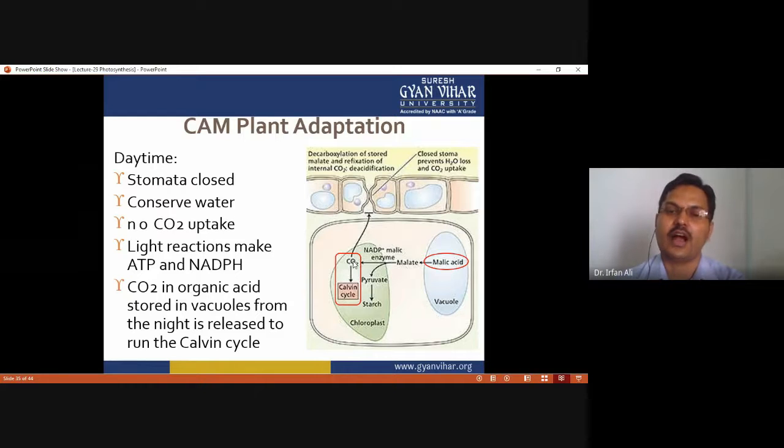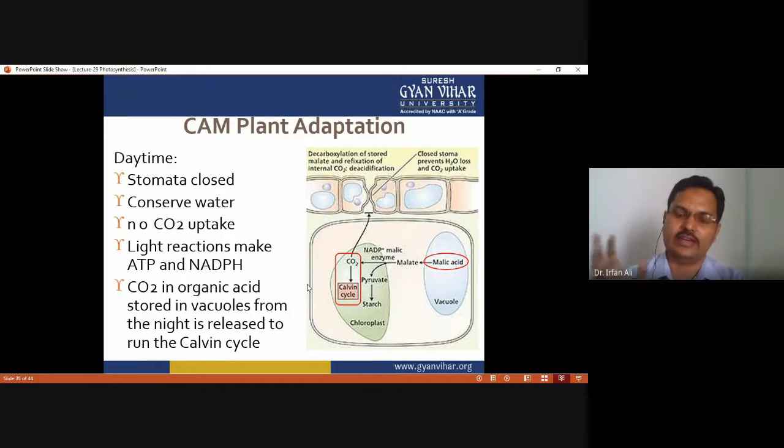Even though the stomata are closed, the Calvin cycle cannot stop, and it continuously gets CO2 supply, so carbon dioxide fixation continues in the Calvin cycle. Since the stomata are closed, there is no problem of oxygen entering this chamber. So this is called behavioral change.